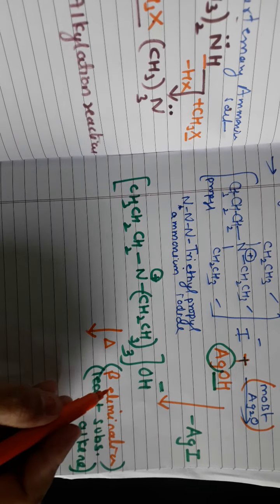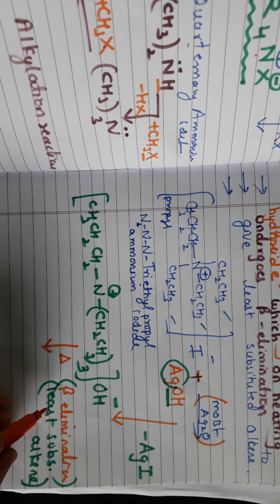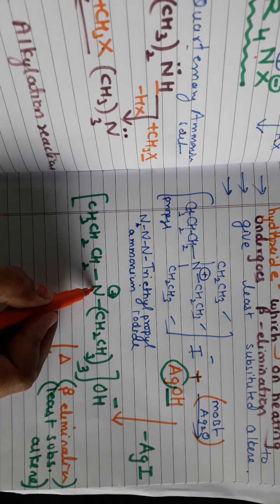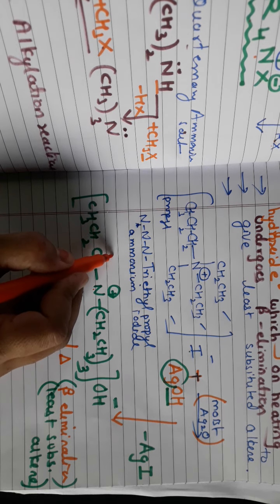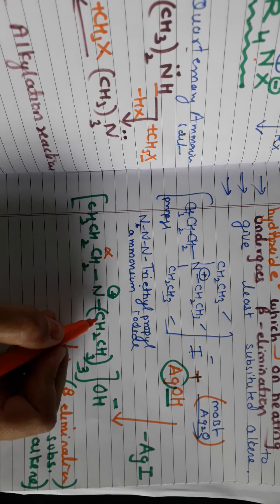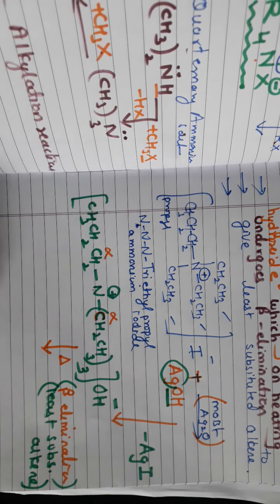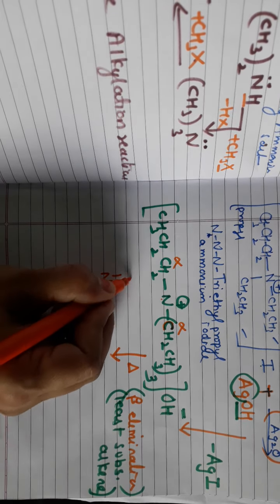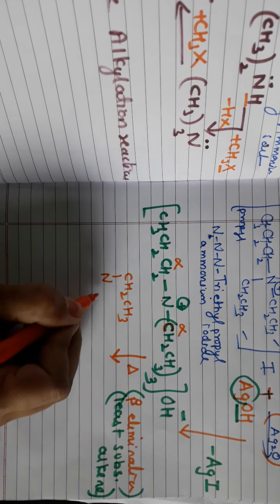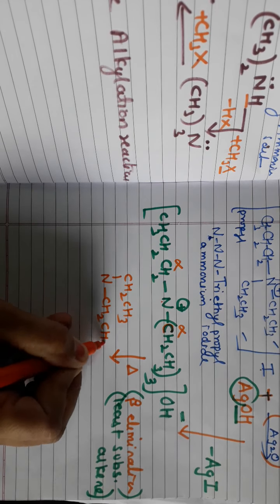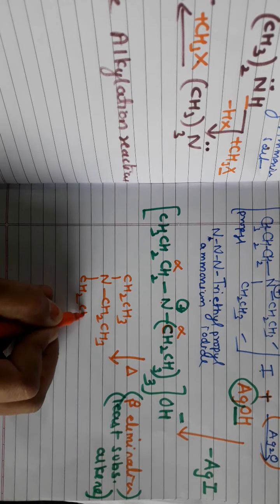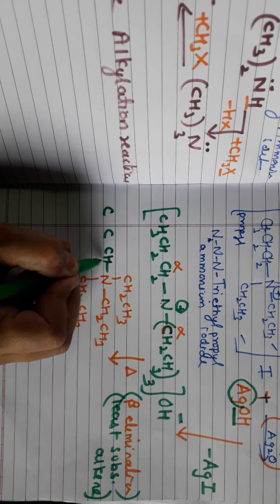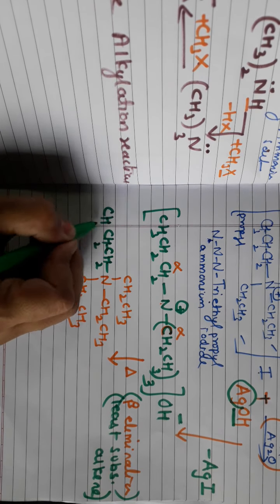For beta elimination, first of all we should know what is a beta carbon atom. The carbon atom attached to nitrogen is known as the alpha carbon atom. So here also this carbon is going to be an alpha carbon atom. I will draw this structure nicely, with CH2CH3, CH2CH3, CH2CH3 and CH2CH2CH3.